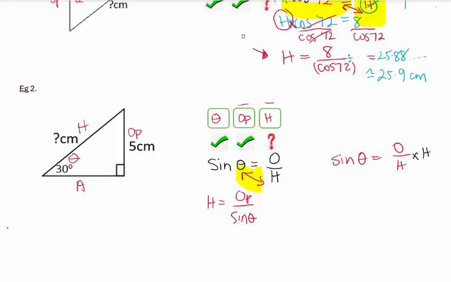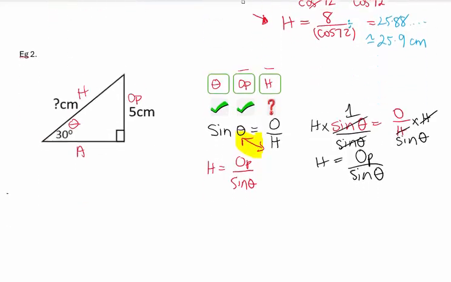Times by h, and now I'm going to divide by sine theta to get rid of that. That divided by that is 1. Whatever I do to one side I must do the other, and you are left with h equals opposite over sine theta. Now you know why I like to write theta with a p, because otherwise it looks like my theta.